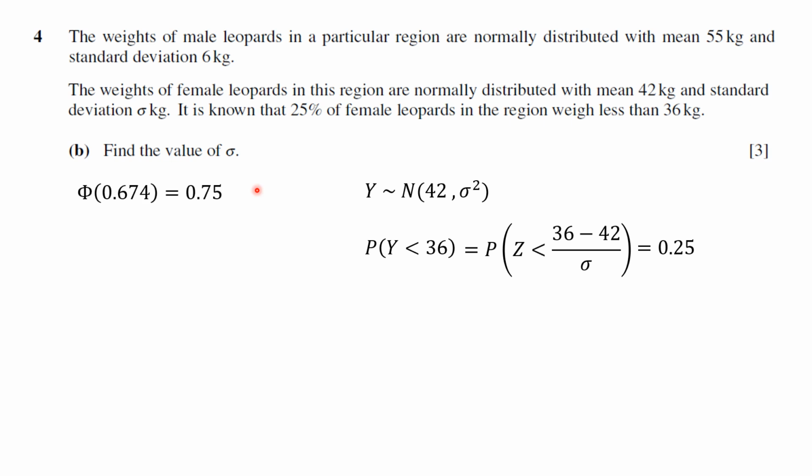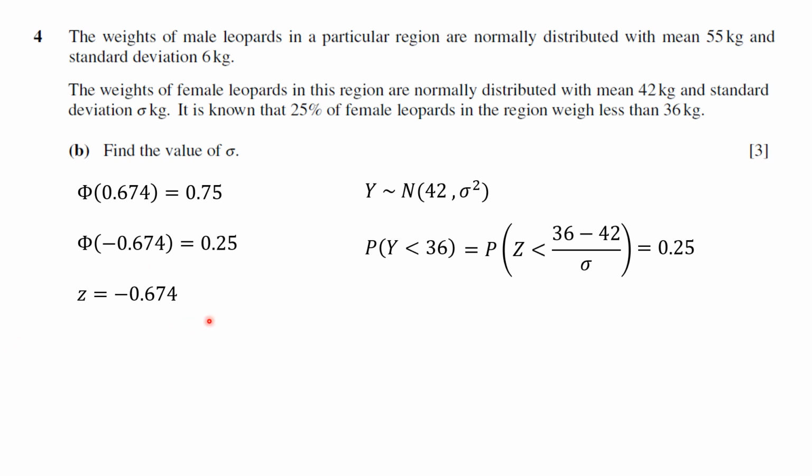Based on our formula booklet, phi of 0.674 is equal to 0.75. This means that phi of negative 0.674 is 1 minus 0.75, or 0.25. So what does this mean? It means our value for z is equal to minus 0.674.